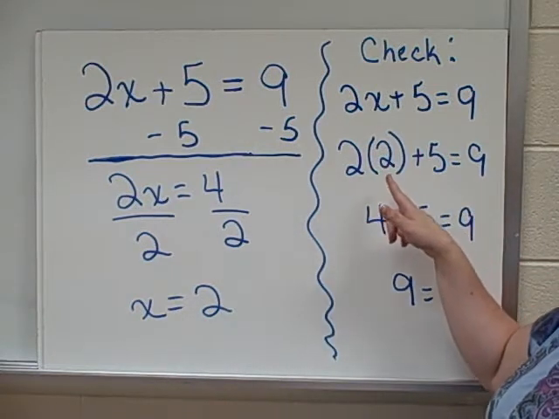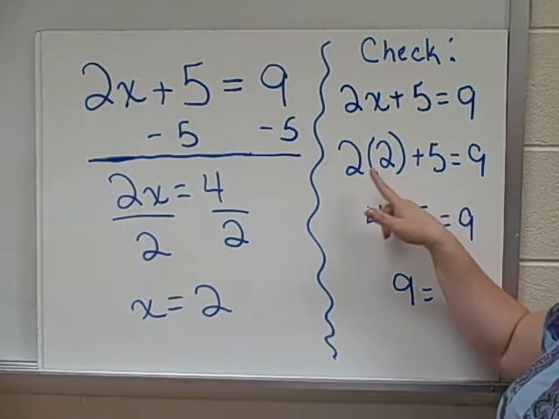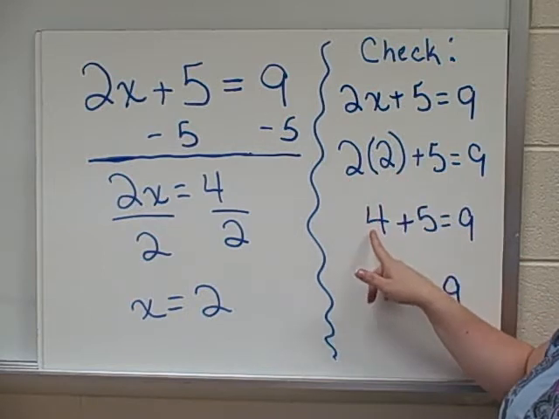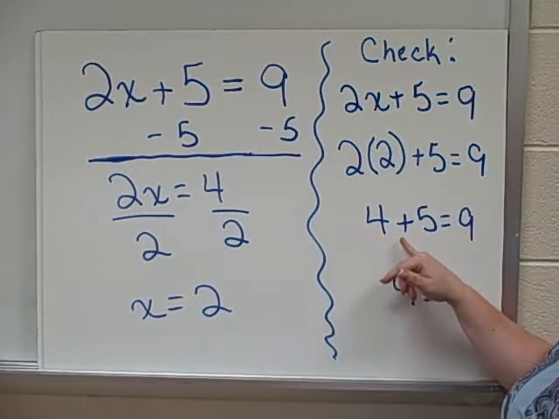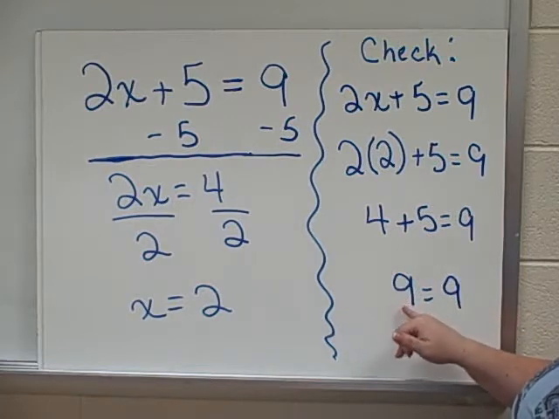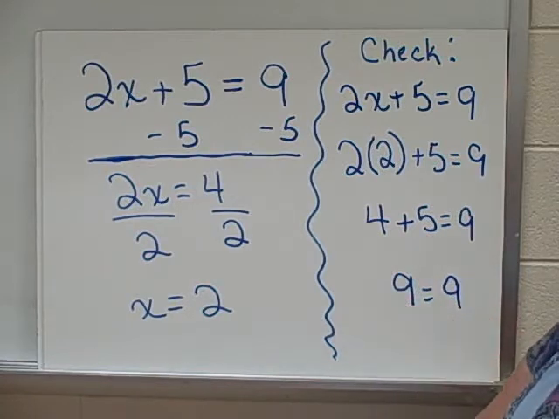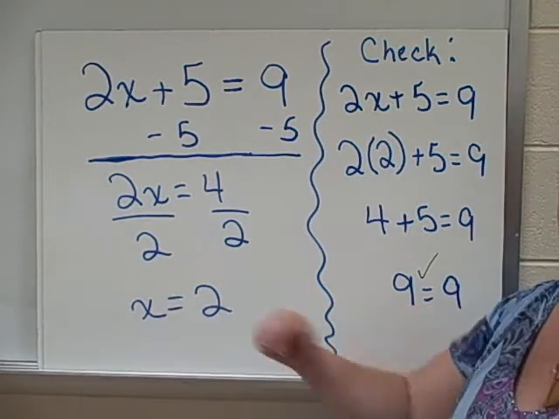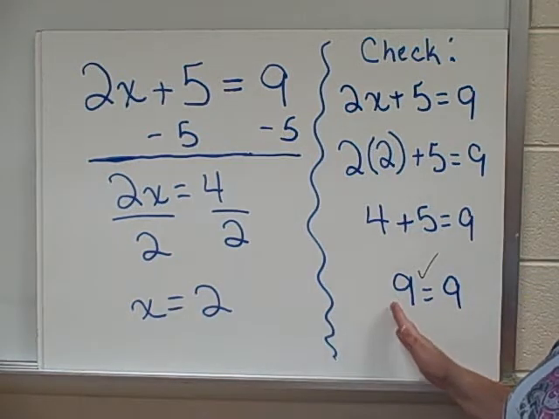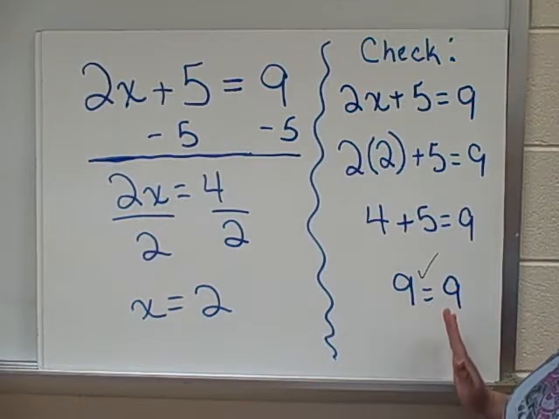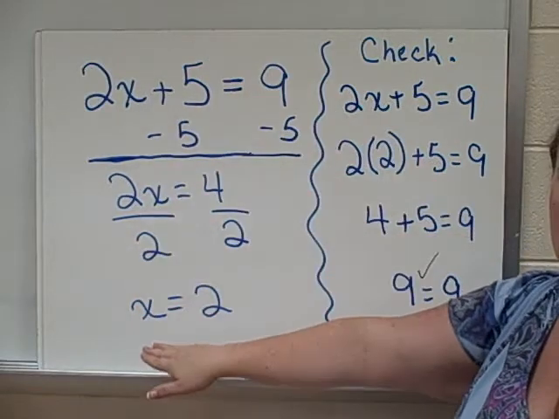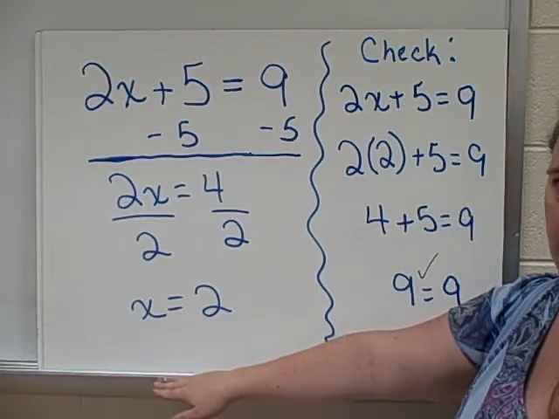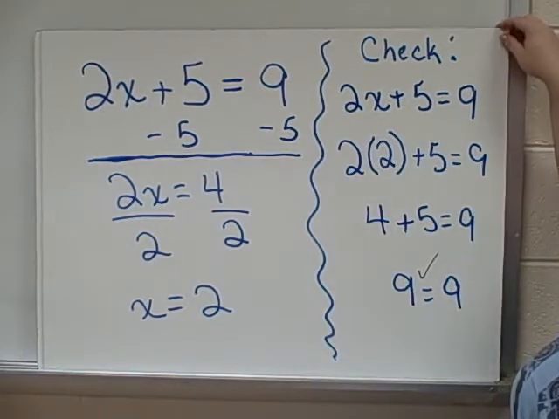Remember, we've talked about substitution in for x. 2 times 2 is 4. 4 plus 5 is 9. Does 9 equal 9? If it does, you got the right answer working it out. If you do not get the same number on both sides, then you need to go back to your problem and rework it. Find your mistake.